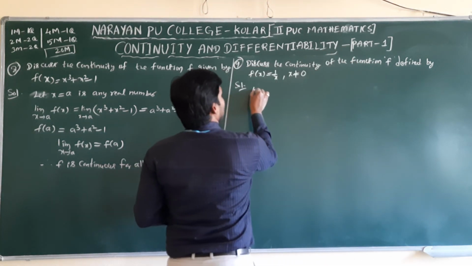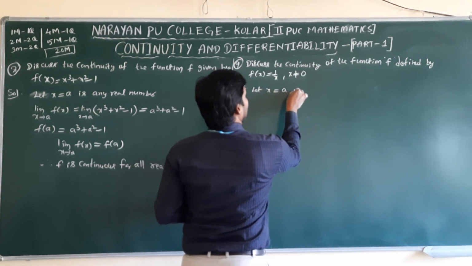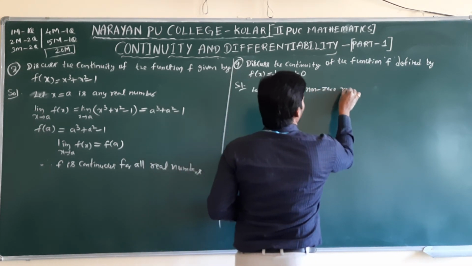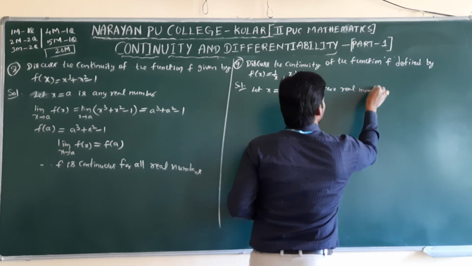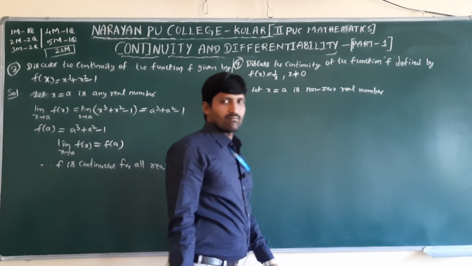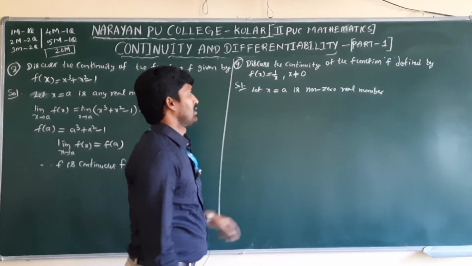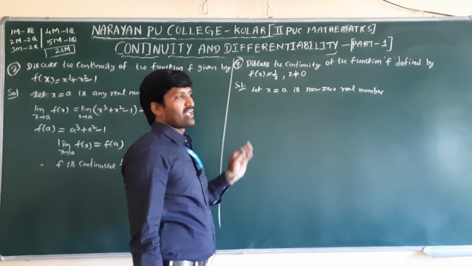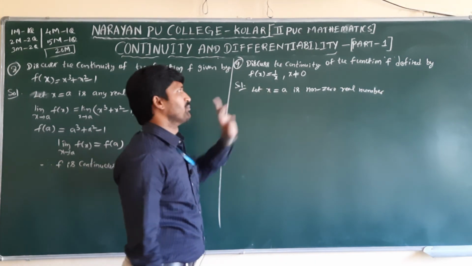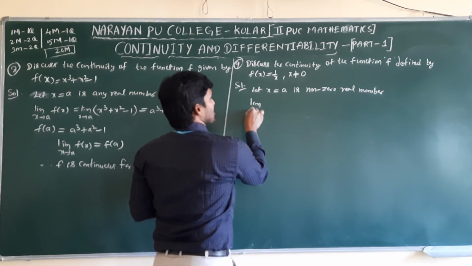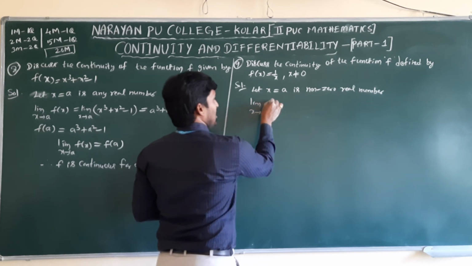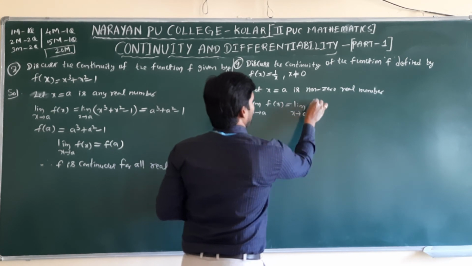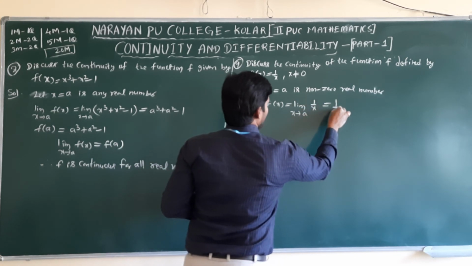Now here I am taking, let x is equal to a, a non-zero real number. If 0, the function is not defined, that's why 0 should not be taken. A non-zero real number means it can be a negative value or a positive value. We are not able to check every value, that's why we are taking the symbol. Here also less than, greater than symbols are not there, that's why I am taking the first formula. Limit x tends to a, f of x equal to limit x tends to a of 1 by x, that is 1 by a.